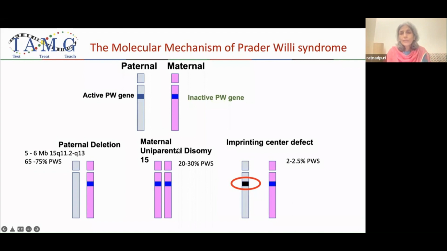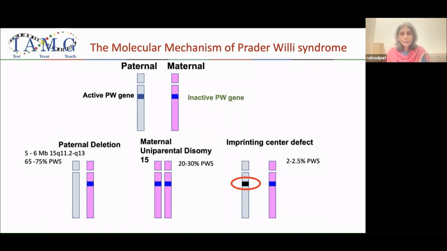If there is uniparental disomy of the maternal chromosome, that means there is no inheritance of the paternal chromosome, which has the active Prader-Willi gene. Here, there are only two copies of the maternal inactive Prader-Willi gene. Maternal UPD of chromosome 15 is seen in 20 to 30% of patients with Prader-Willi syndrome.